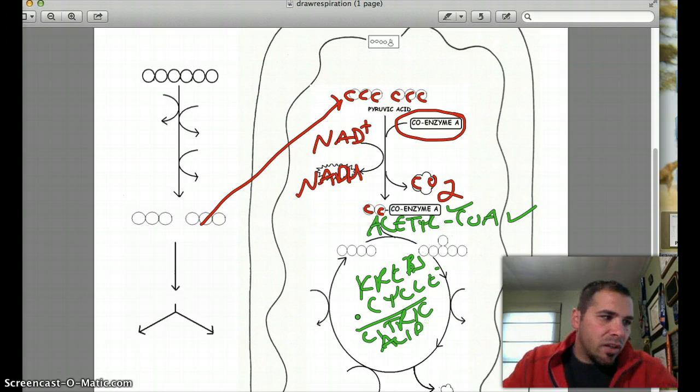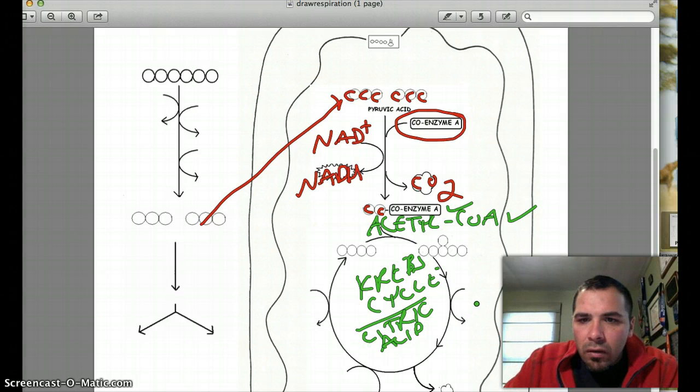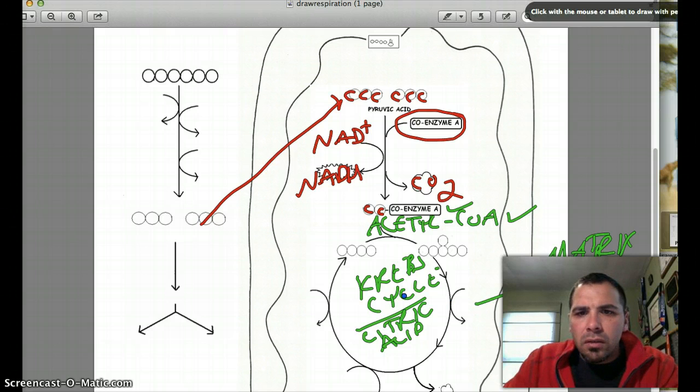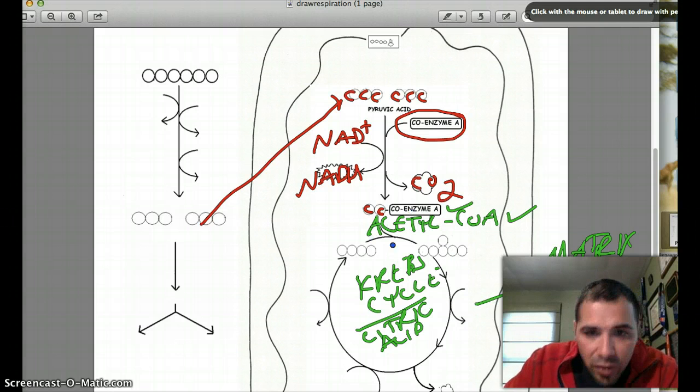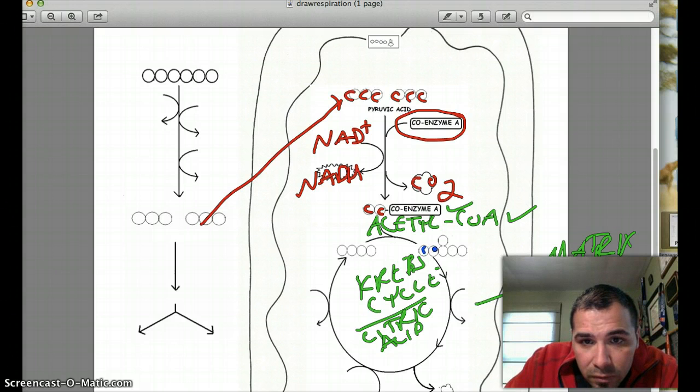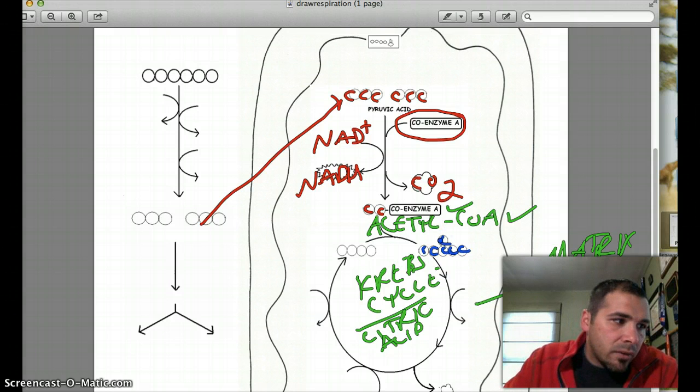This is all in the matrix. We'll go with blue. Now we've got citric acid, with 6 carbons.